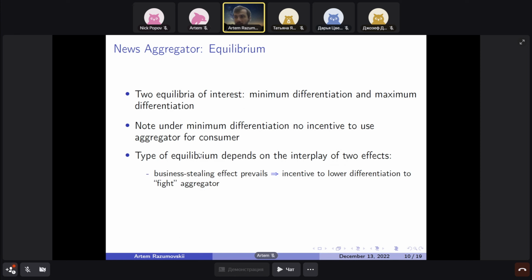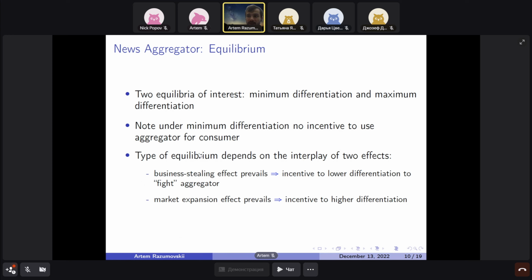And then we have these two effects, business stealing and readership expansion. So business stealing, firstly, is the incentive for agencies to make lower differentiation, right? Because lower differentiation means that the aggregator comes with lower probability. When we choose our high topics such that we are doing kind of the same, so that agencies don't really differ from each other, then with high probability the aggregator will not enter the market.